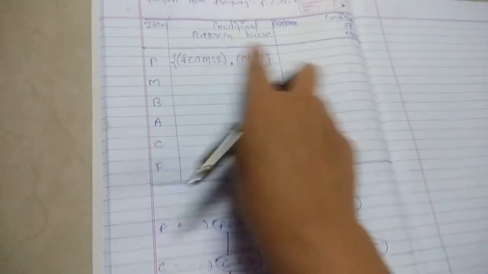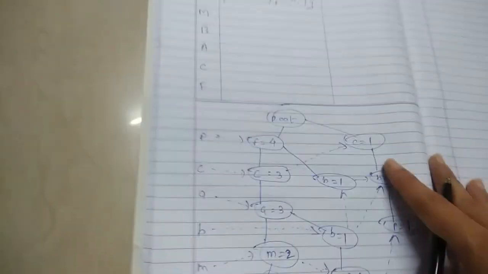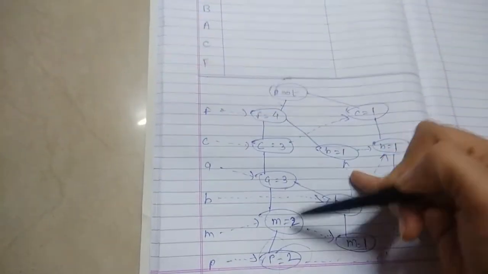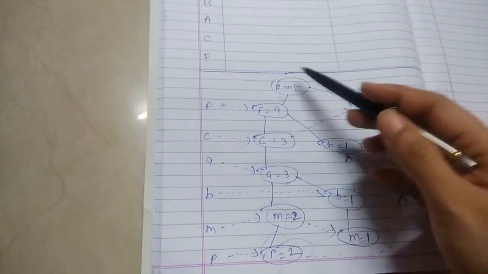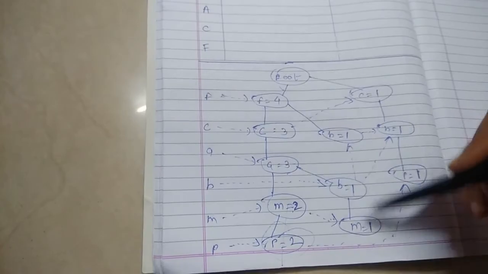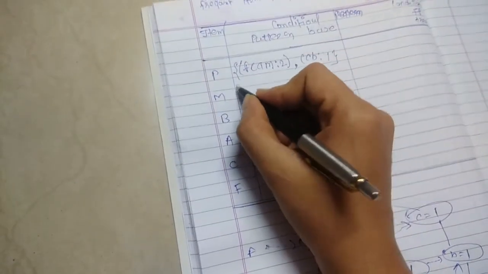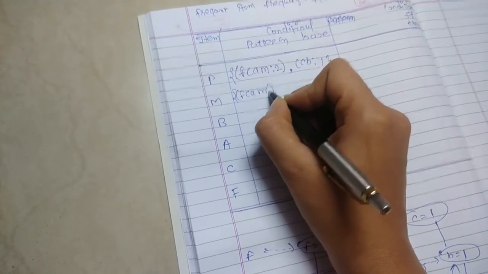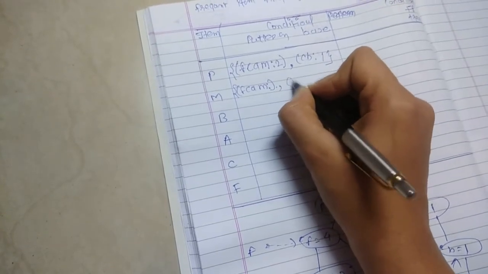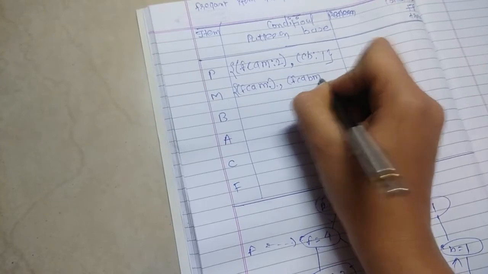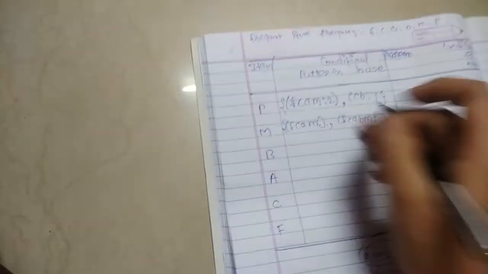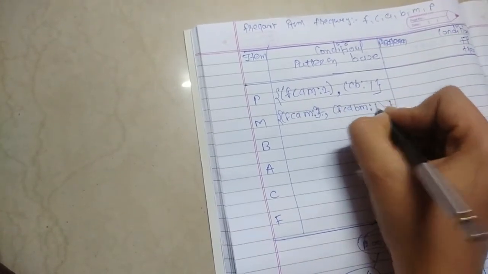So this is how the conditional pattern base is counted for P. Now to reach M, the first path is F, C, A, M, and the second path is F, C, A, B, M. The support is 2 and 1, so here you write support 2 and 1.